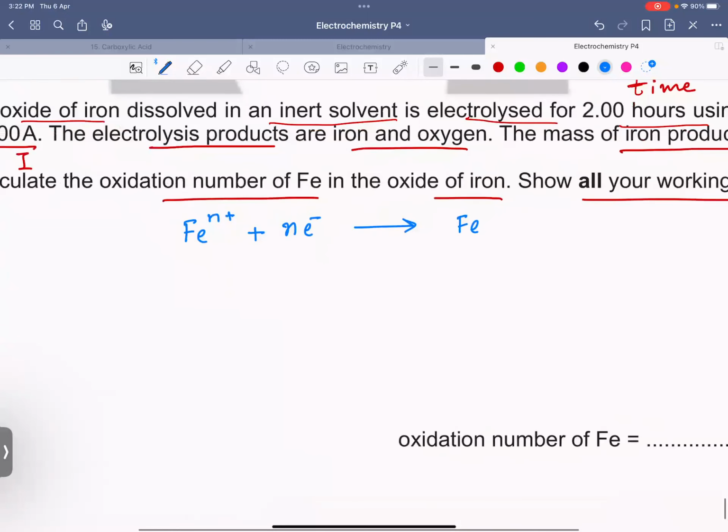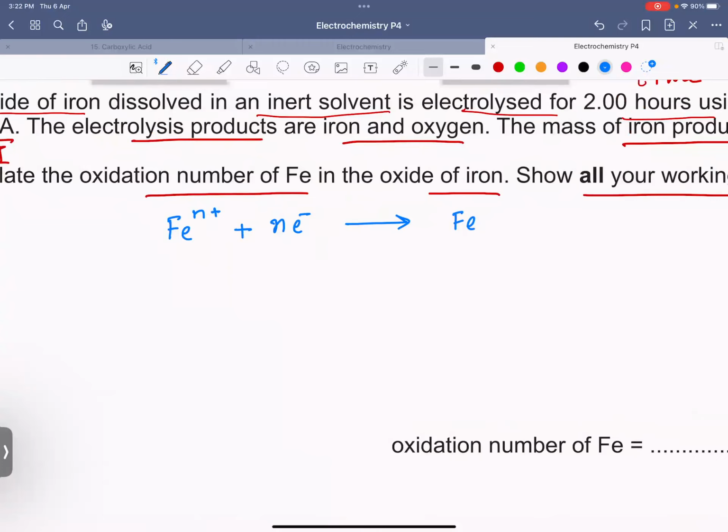So if you look in the data booklet, in the periodic table, what is the mass of 1 mole of iron? Can anybody check and tell me? What I recall, it is 55.8. Yes, can anybody confirm it? Yes, it's 55.8. So this is the mass of 1 mole of iron.